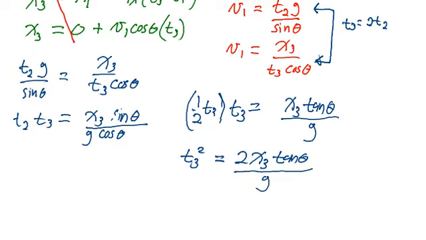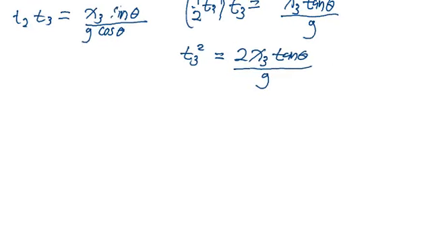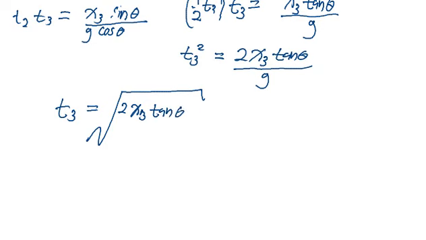All I need to do now is take the square root of both sides. So t3 equals the square root of 2x3 tangent of theta divided by g.